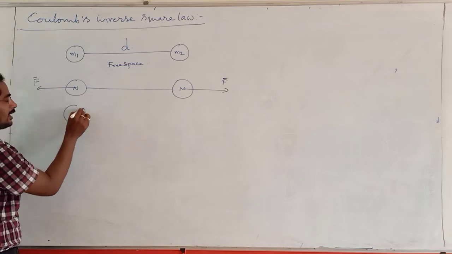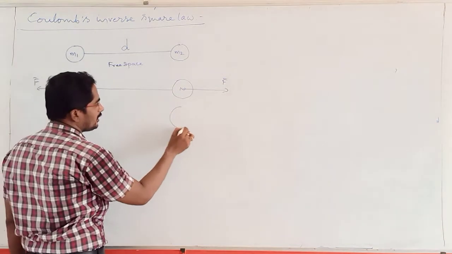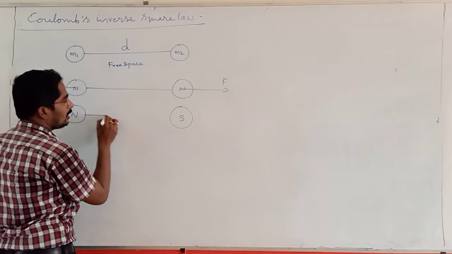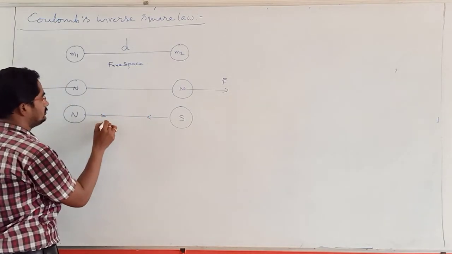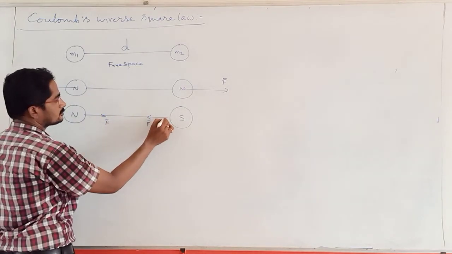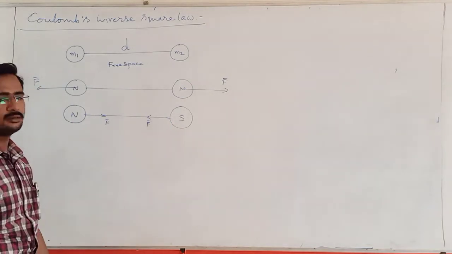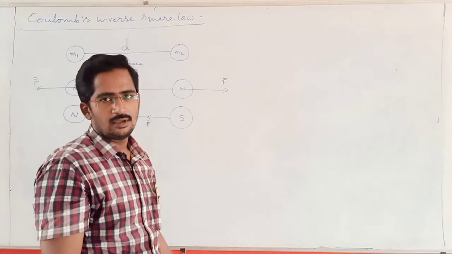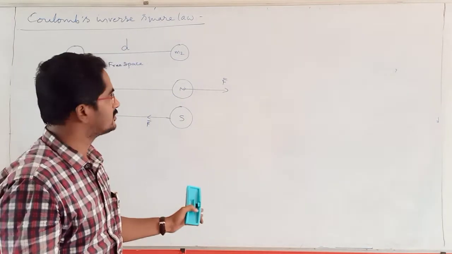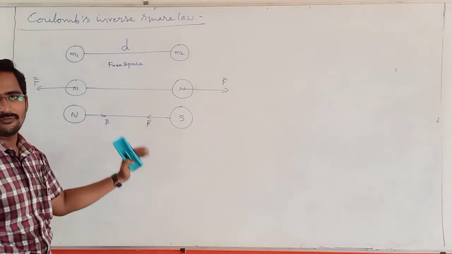But if they are unlike poles, what type of force exists between them? Attractive force. That force is called magnetic force. What factors does its magnitude depend on?